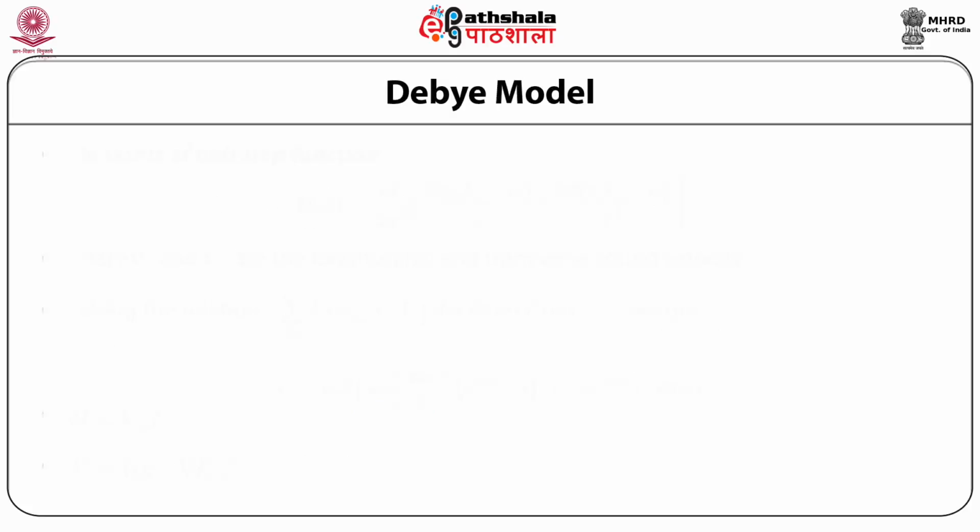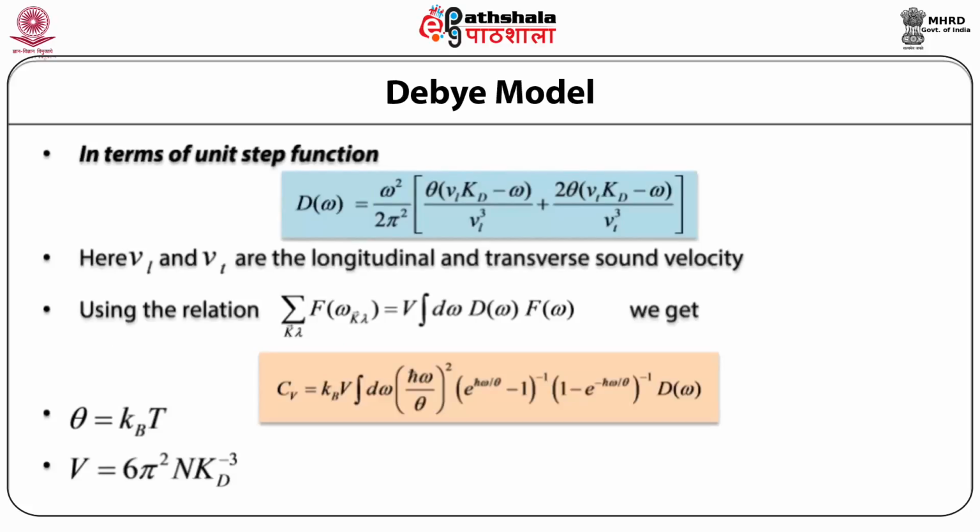The density of states that we have derived earlier can now be written in terms of the unit step function. Capital D omega is equal to omega squared by 2 pi squared, bracket open, theta as a function of VL kd minus omega, divided by VL cubed, plus 2 theta as a function of Vt kd minus omega, divided by Vt cubed, brackets close.